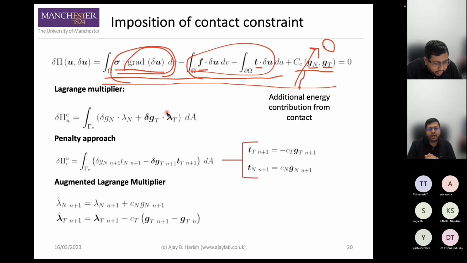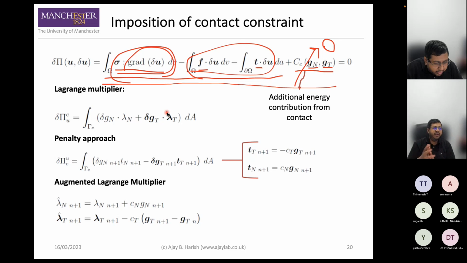Additionally, Lagrange multipliers have a lot of oscillations in the zone of contact. So when you're very near to the contact, Lagrange multipliers oscillate a lot. But once you allow them to oscillate, the constraint is satisfied to a very high degree, so it satisfies it very well.